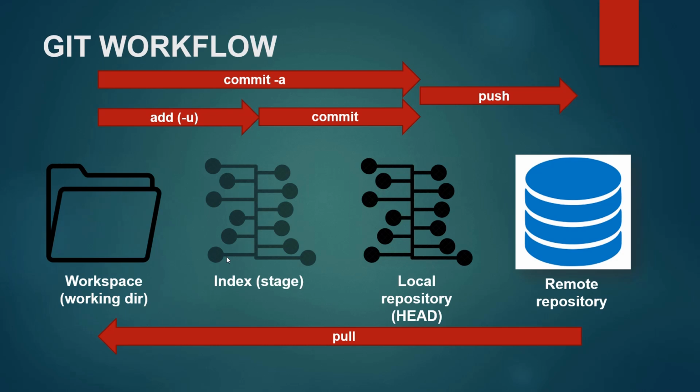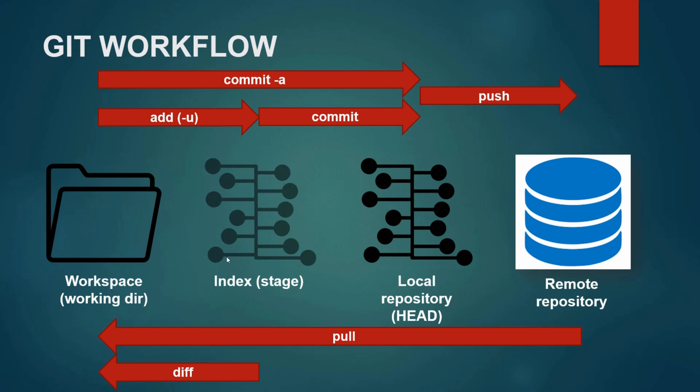The last thing is why we want to fetch and merge as two separate operations. One of the reasons is that this allows us to compare files before we actually get the latest versions of the files. In particular, we can run the git diff command to get the difference between my local files and the files in my working directory.